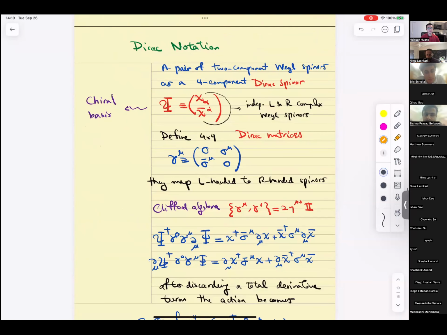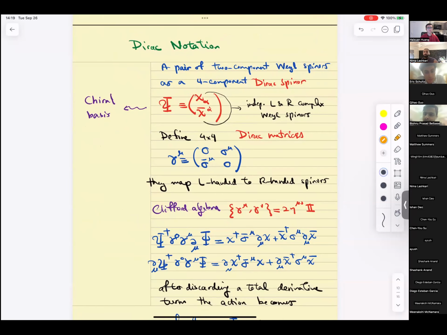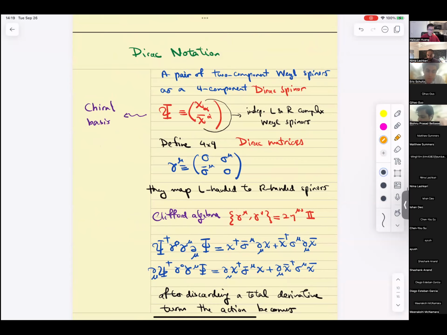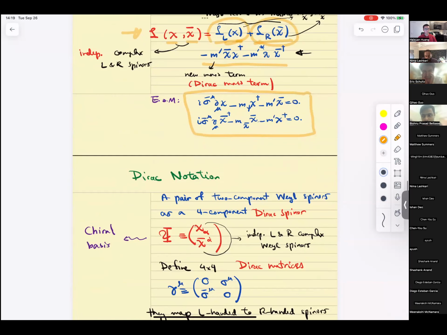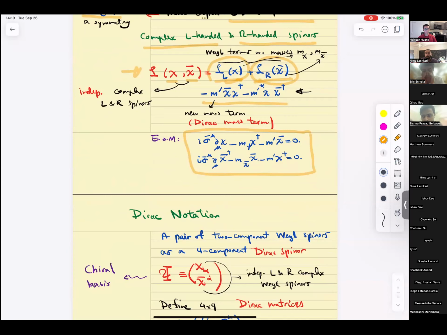All right. Very good. So it's finally time to go to the four-dimensional notation. What we're going to do is take this action and write it in a more familiar language, in Dirac notation. So what do we have? We have a pair of two-dimensional vectors, each of which is complex.